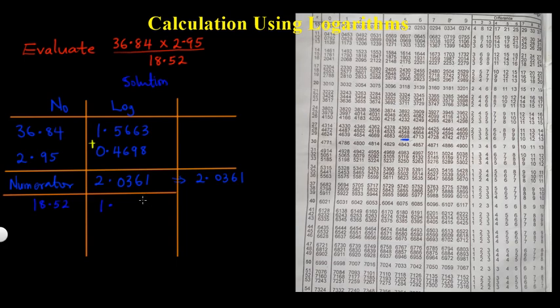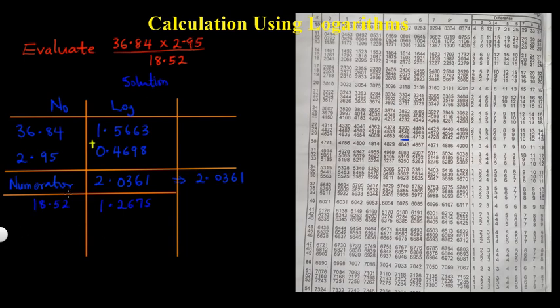Then we check our four-figure table. 18 under 5, that's 2672. Difference 2. Difference 2 is 5. So it's going to be 2675. So that is our denominator.